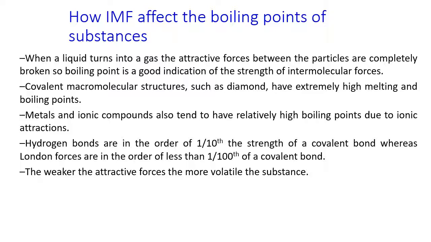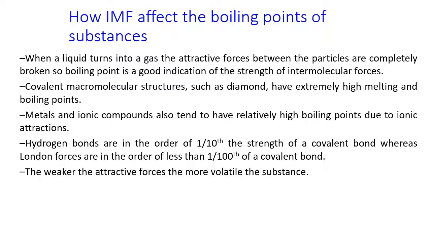Covalent macromolecular structures such as diamond have extremely high melting points and boiling points because essentially their bonds are intramolecular, especially for diamond and silicon dioxide. They don't really have much intermolecular force. It's mainly intramolecular forces, and that explains their high melting and boiling points. It requires massive amounts of energy to break those intramolecular bonds.